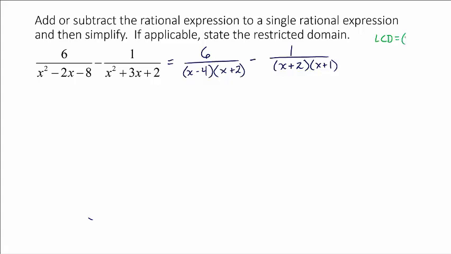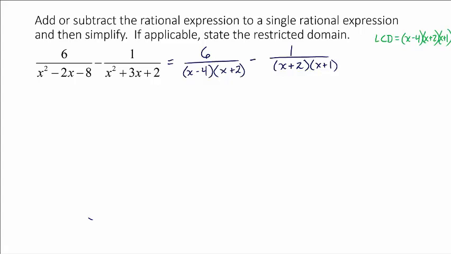So start listing the factors. I've got x minus 4. x plus 2 exists in both denominators, but just once, right? So I include it once in the LCD. And then x plus 1 is also there, right? So I'm going to have x plus 1 as part of the LCD. So the LCD is x minus 4 times x plus 2 times x plus 1.